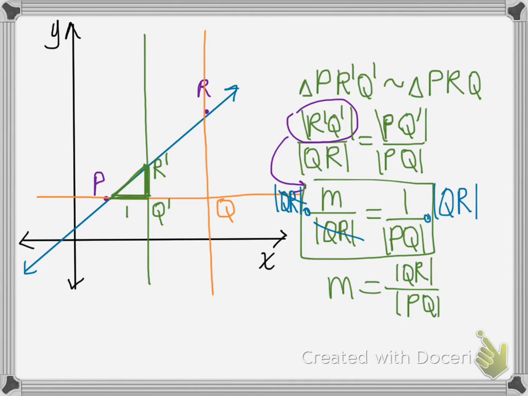Okay, so we're getting that the slope is equal to QR over PQ, which is what we were finding with our examples. But it's nice to prove it in the general case and know that it's true. Okay, and so from the last slide, let's go back and look at it.